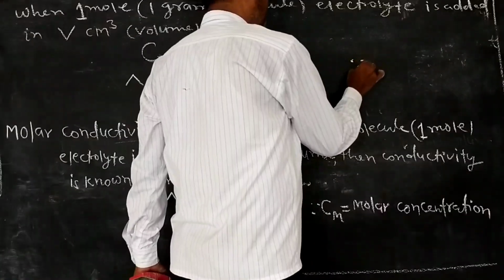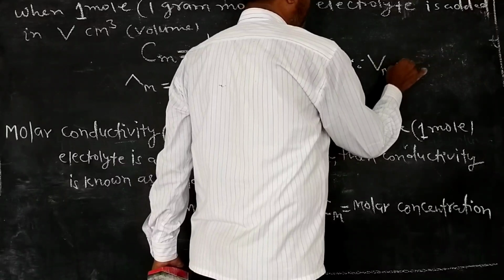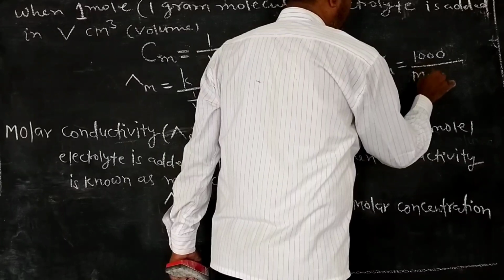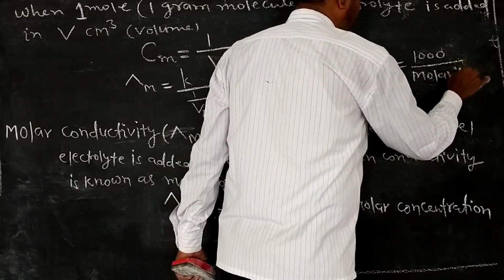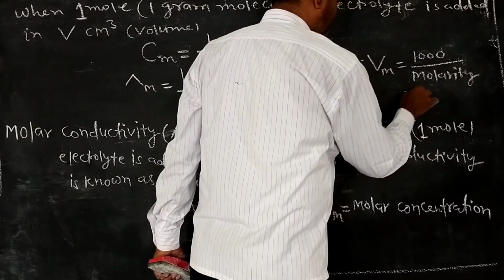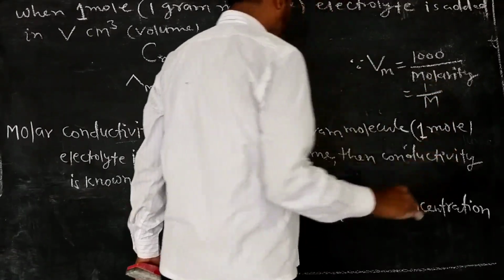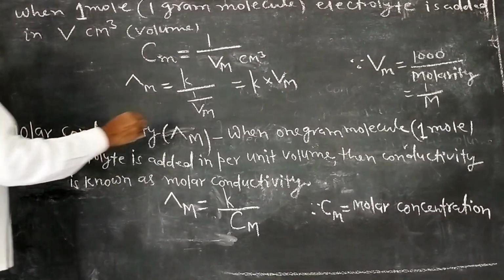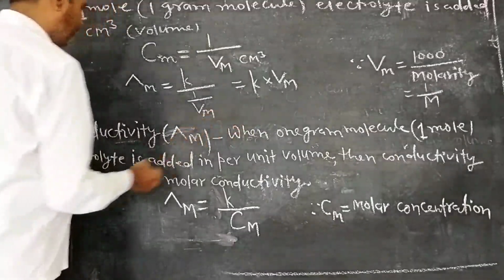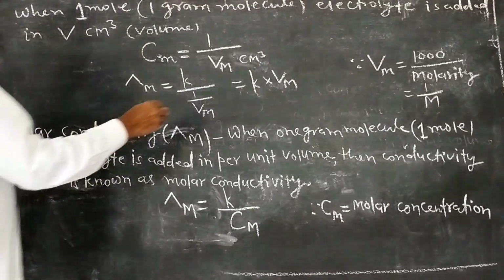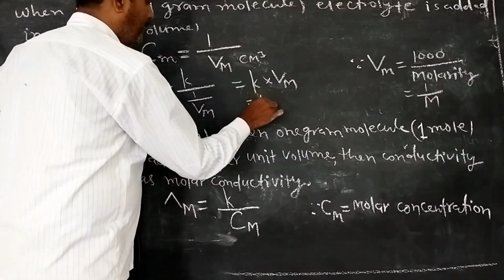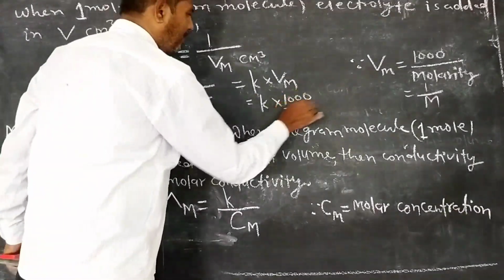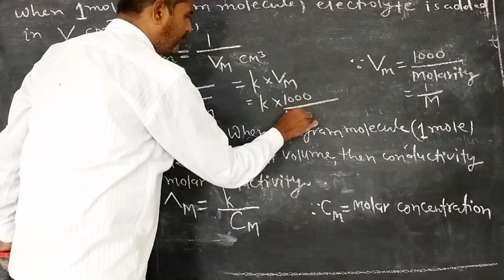Since Vm is equal to 1000 upon molarity, that is 1 by capital M, thus lambda m is equal to kappa into 1000 upon molarity.